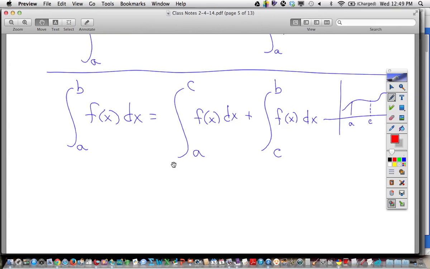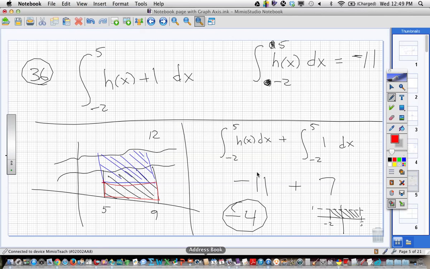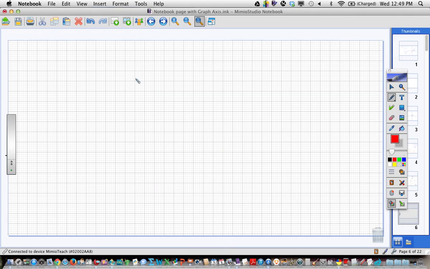All right, so the first example, this is what we wrote down yesterday. Let me just rewrite that. We said that the integral from a to b of f of x dx is equal to the integral from a to c of f of x dx plus the integral from c to b.